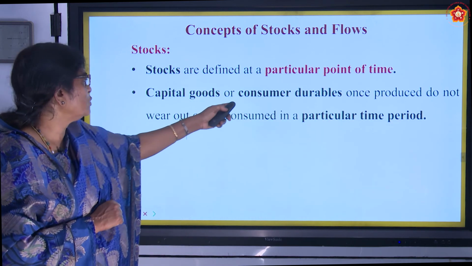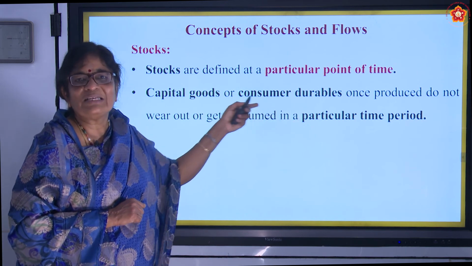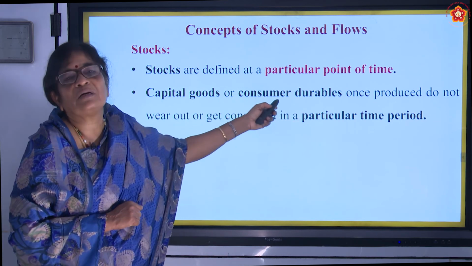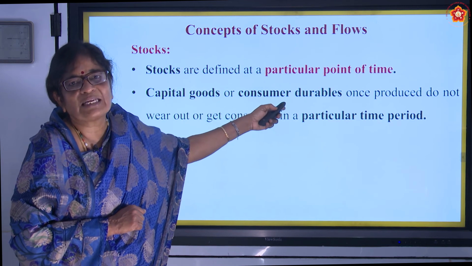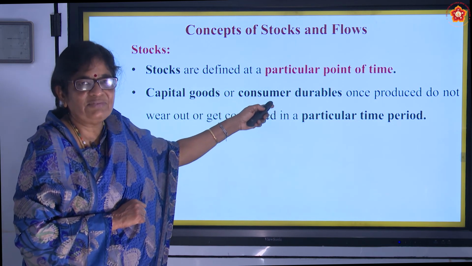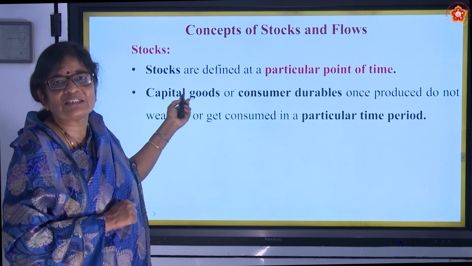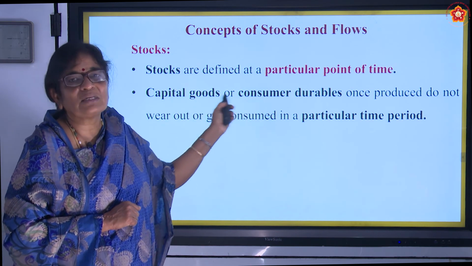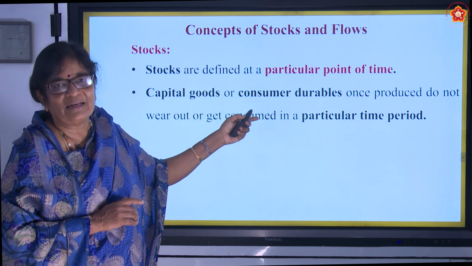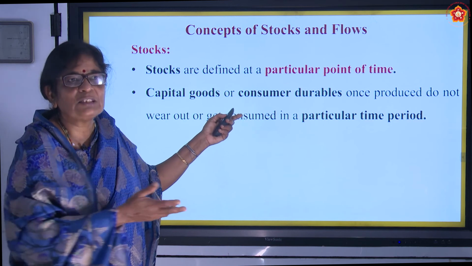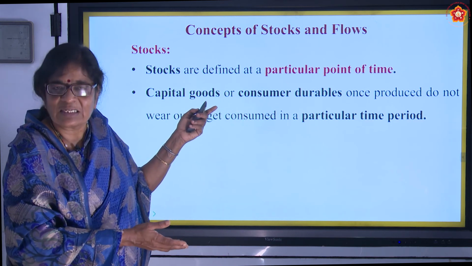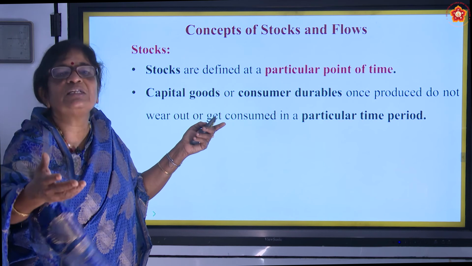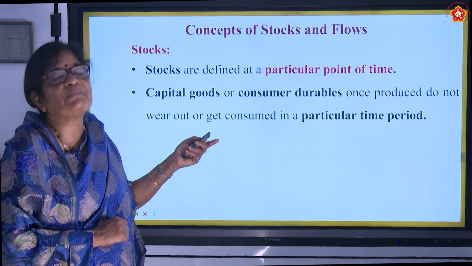Now, capital goods or consumer durables, as we have studied, they both have a common character. Consumer durables like machineries, computers, TV sets, and capital goods like cars, buildings, will not ultimately be consumed in a day or a specific period of time. We can't say this building we will use for 15 years. Maybe we can use it for another 20 years also. There is no specific period of time.